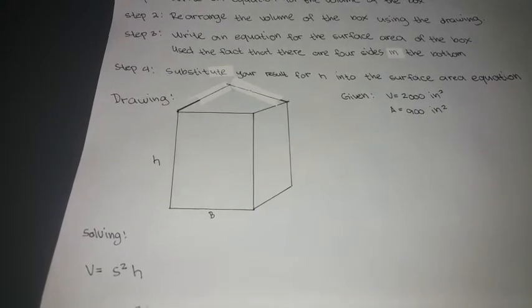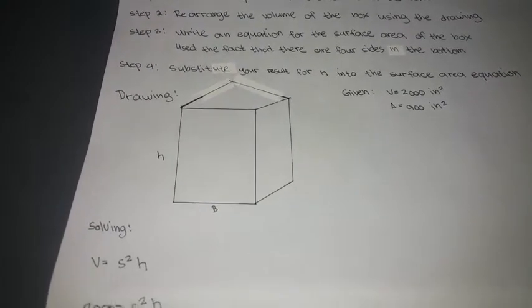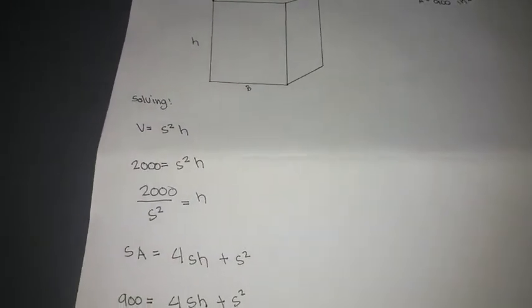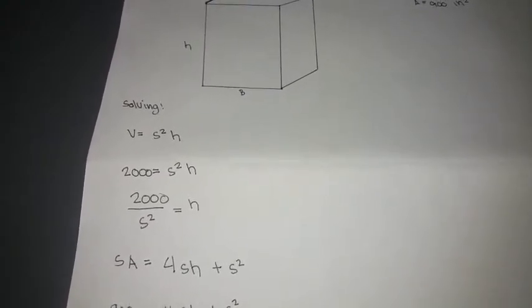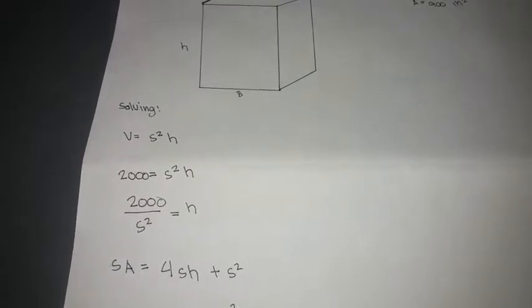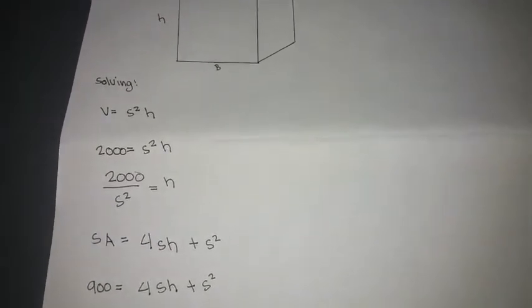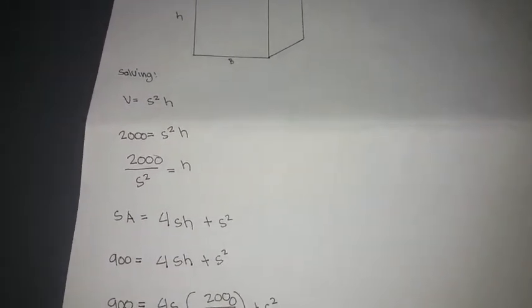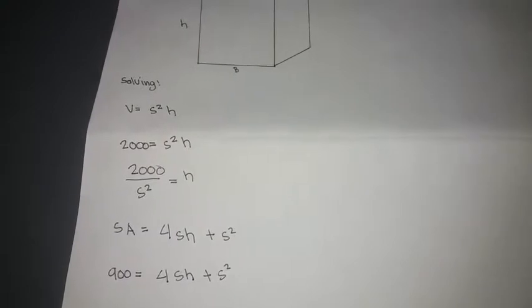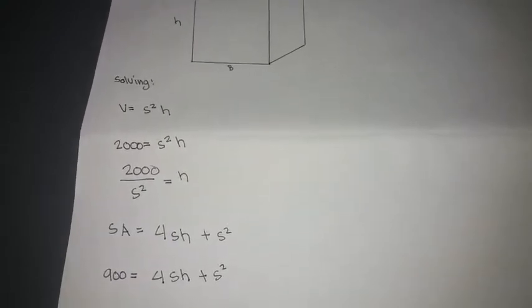Volume equals s squared h. So the volume is 2000 equals s squared h, and 2000 divided by s squared equals h. So SA equals 4sh plus s squared, which is equal to the area of 900.